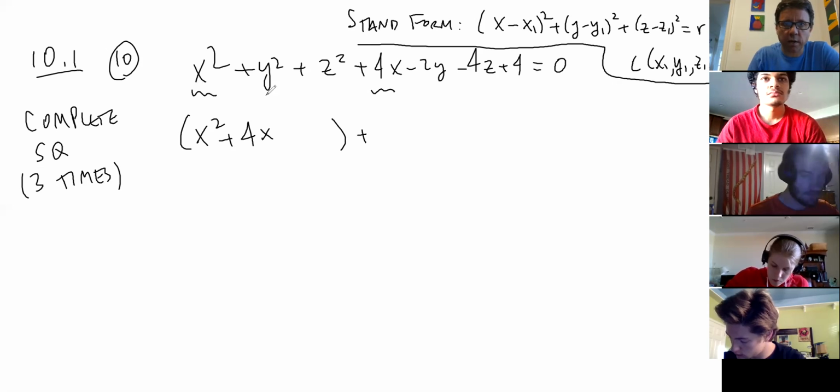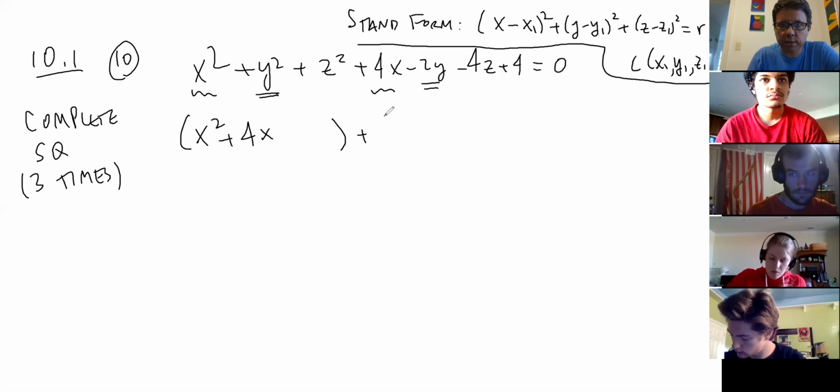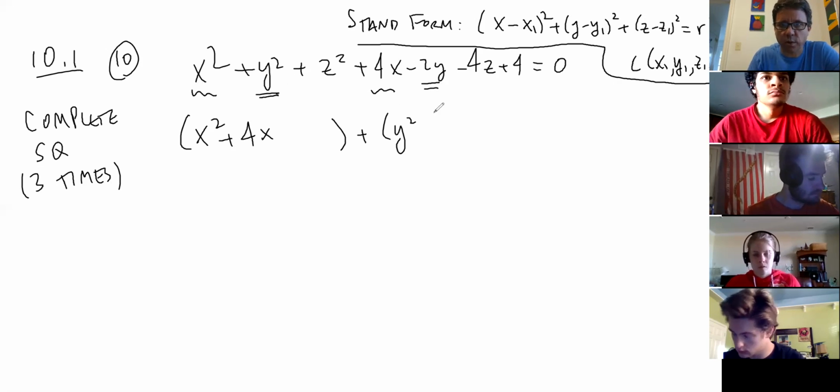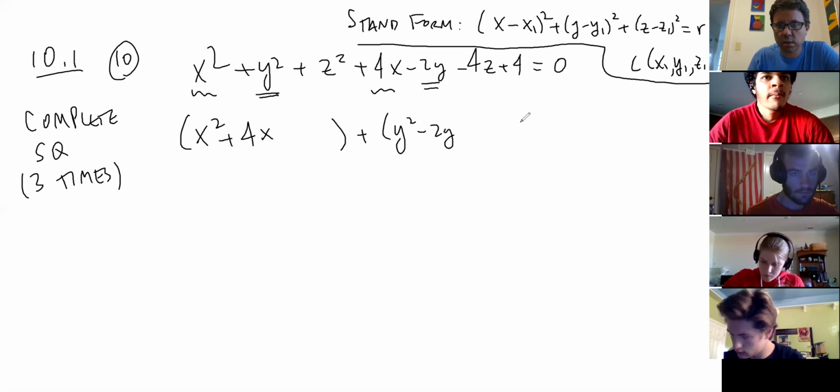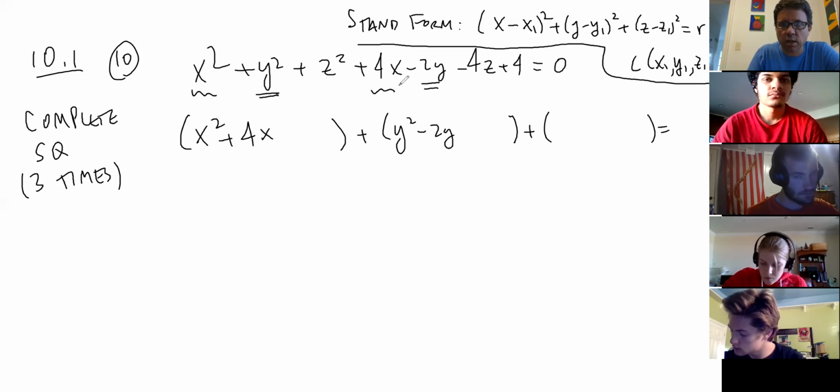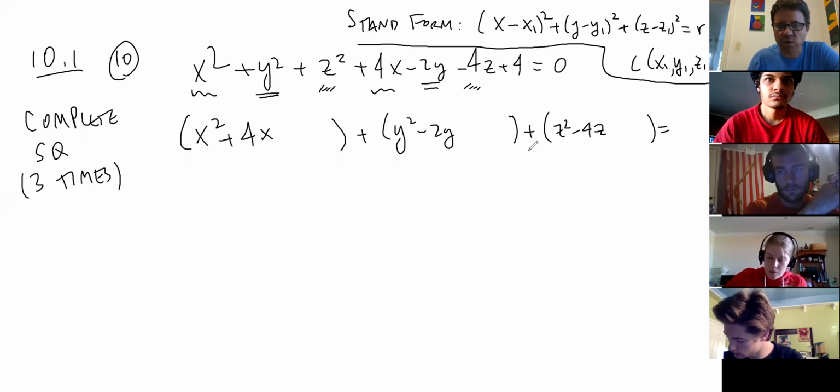We've got y in 2 places, y squared and minus 2y. And then we've got z in 2 places, z squared and minus 4z.